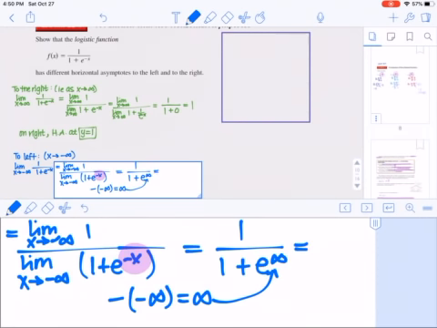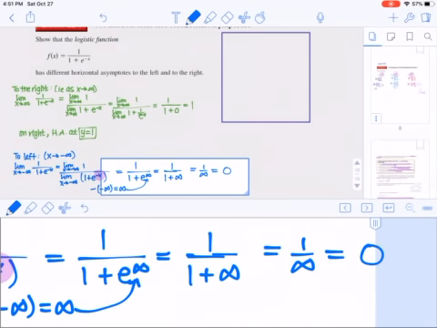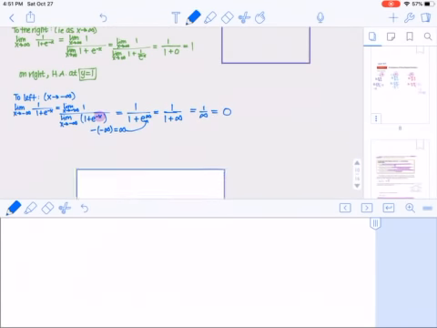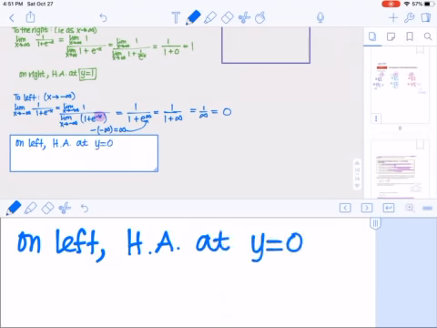Well, e to the infinity, what happens to the very far right side of the e to the x graph? It just gets really, really big. And so this would be the same thing as 1 plus infinity, right, which is essentially 1 over infinity, which we know from earlier is 0. Okay, so that means on the left, there's a horizontal asymptote at y equals 0, which is different than what we saw on the right.